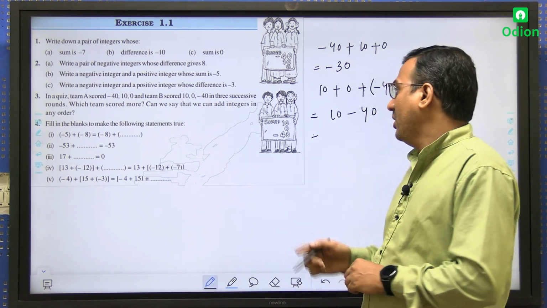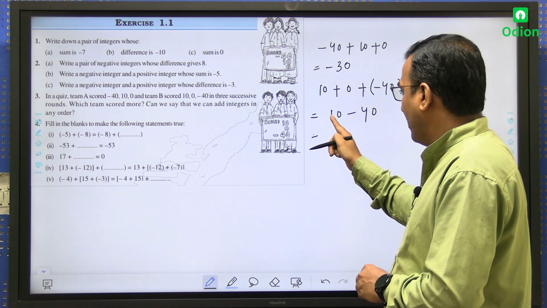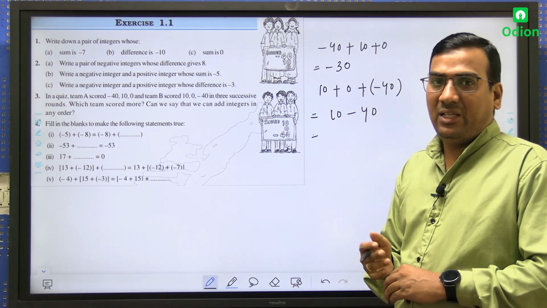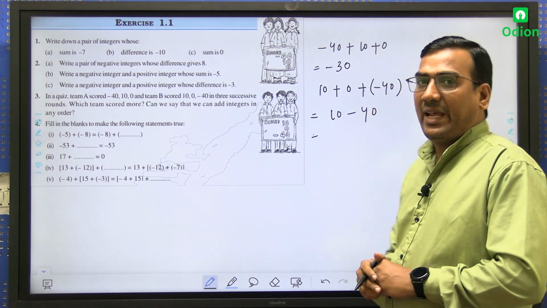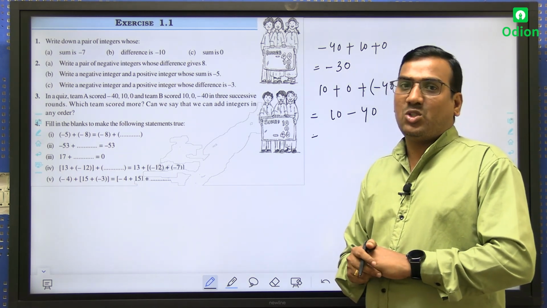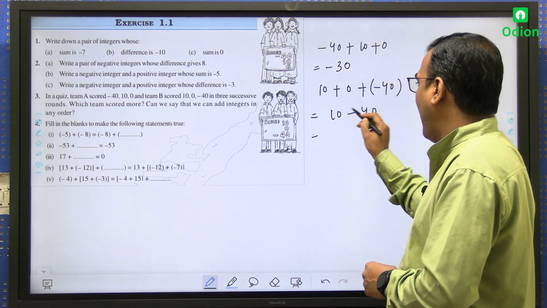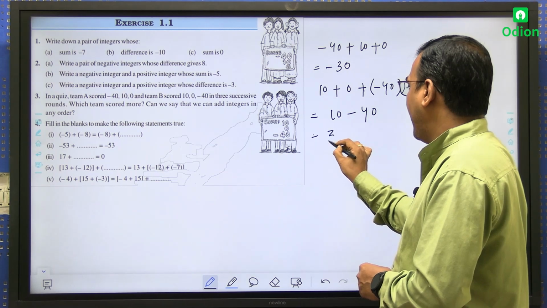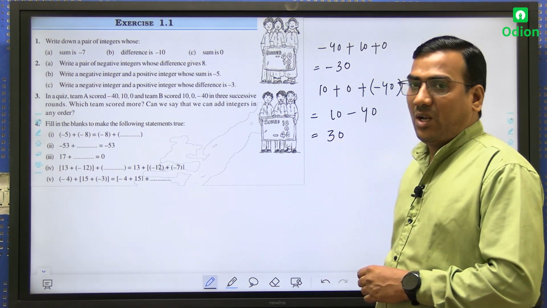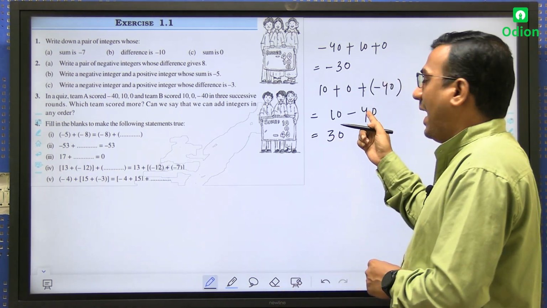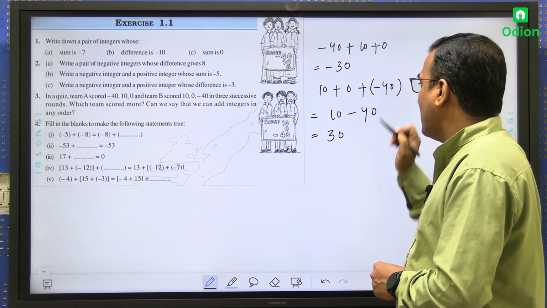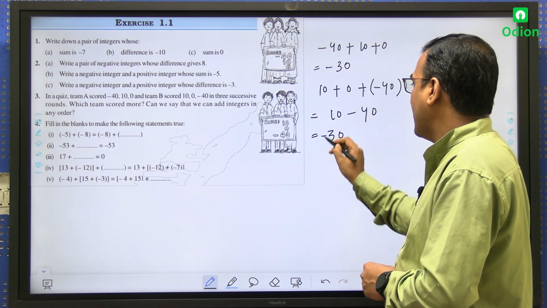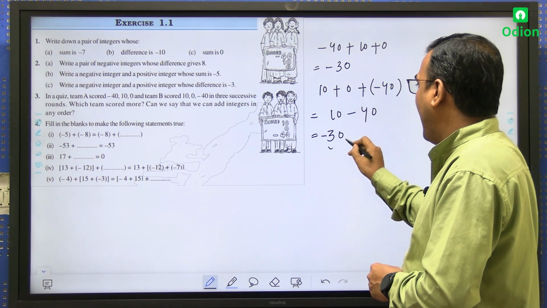Already I have discussed that when the numbers are given, one positive and the second negative, you have to deduct these two numbers, meaning 40 minus 10. The answer is 30, and the symbol given on the larger number is minus. Then put this negative symbol. The answer is minus 30.